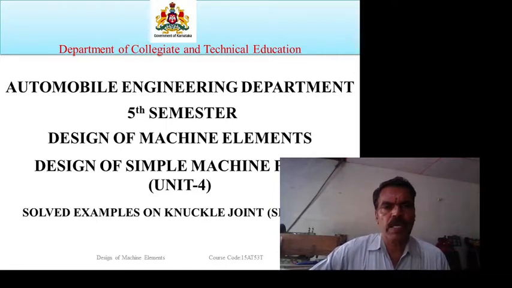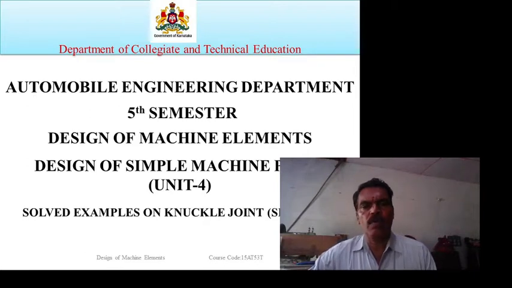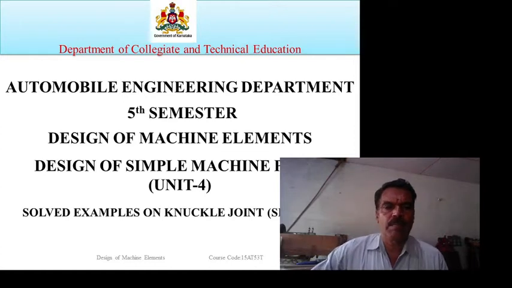Department of Collegiate and Technical Education, Bangalore. Department of Automobile Engineering. The subject is Design of Machine Elements, for the fifth semester diploma in automobile engineering. Under this subject, unit number 4, design of simple machine parts.